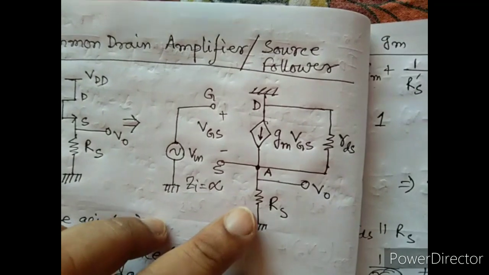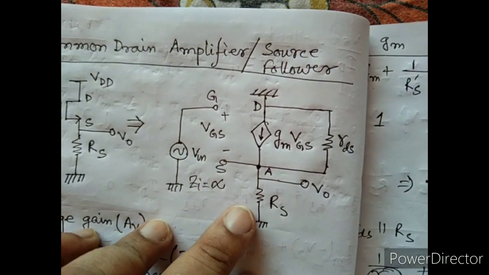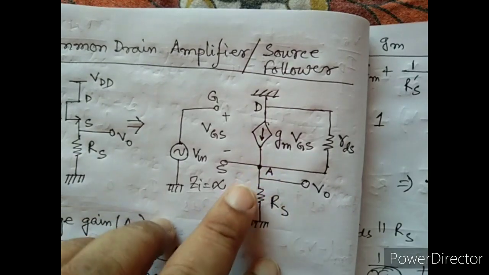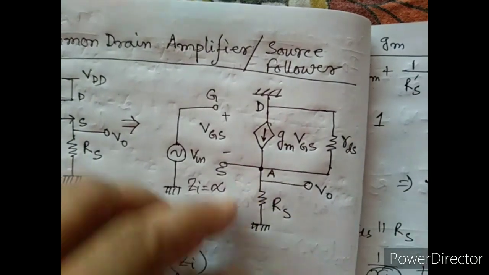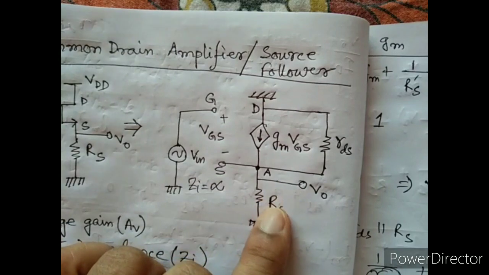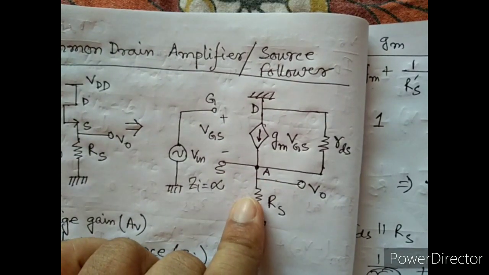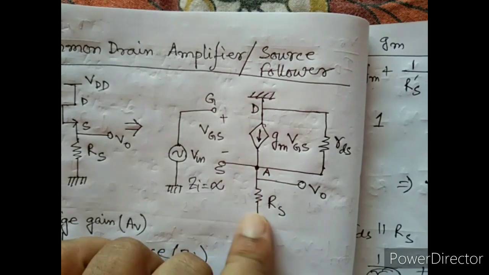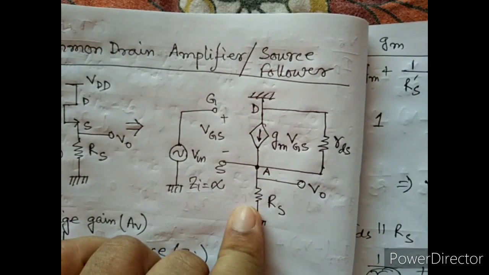And if we want to find out the output terminal impedance, then we have to find out the impedance at this terminal, the internal output impedance. So we can replace this with a voltage source.